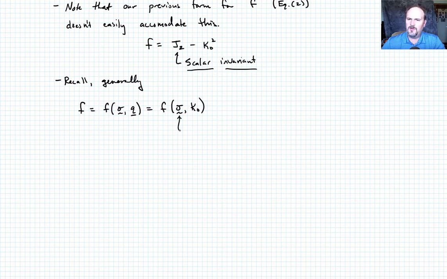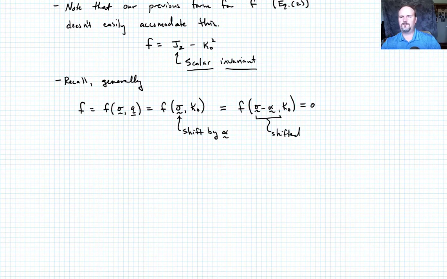What we want to do is shift this by alpha, the backstress. So we could write that as F equal to sigma minus alpha, K naught, and of course the surface is where this equals 0. So this is our shifted surface. We can call this equation 5.